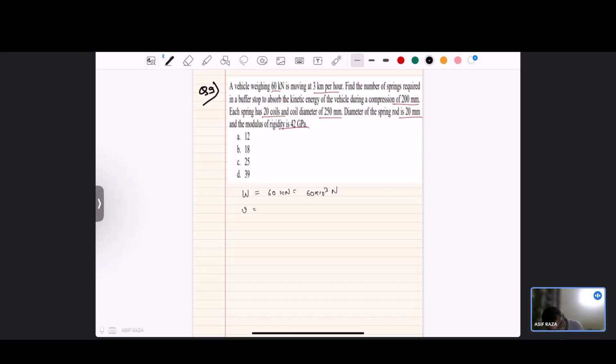Velocity is 3 kilometer per hour, that is 10 power 3 upon 3600. This would be 0.83 meter per second.